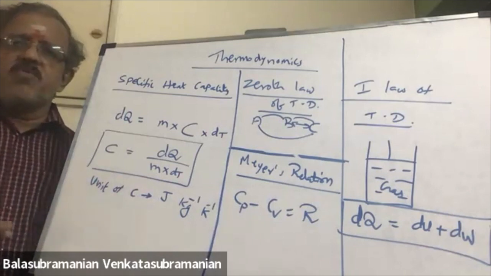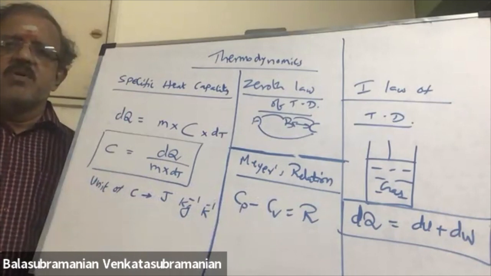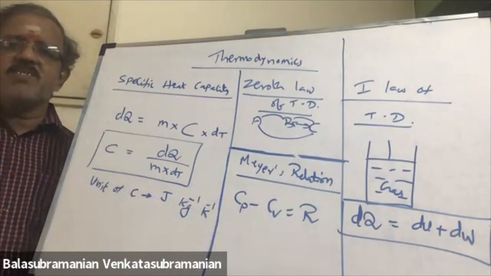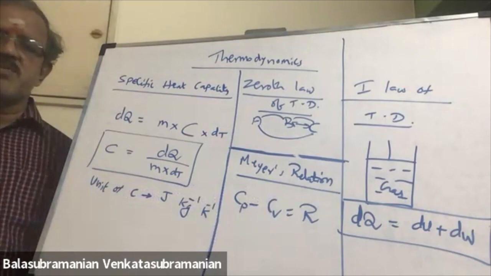Gas molecules are moving, so kinetic energy. Gas molecules are positioned somewhere, so potential energy. Work done, piston moving upwards, downwards. Work done by the system. This is called the first law of thermodynamics.